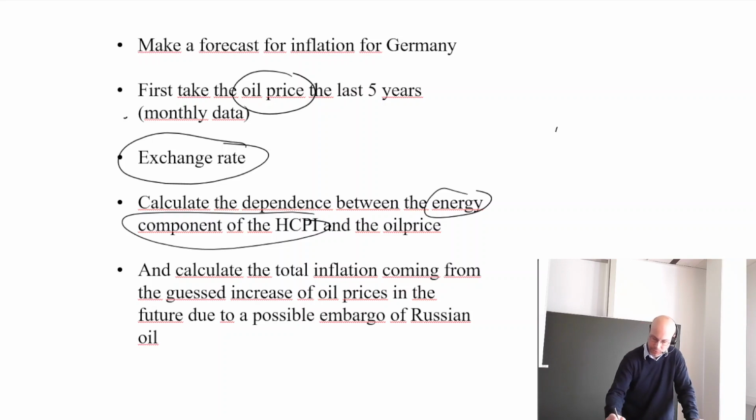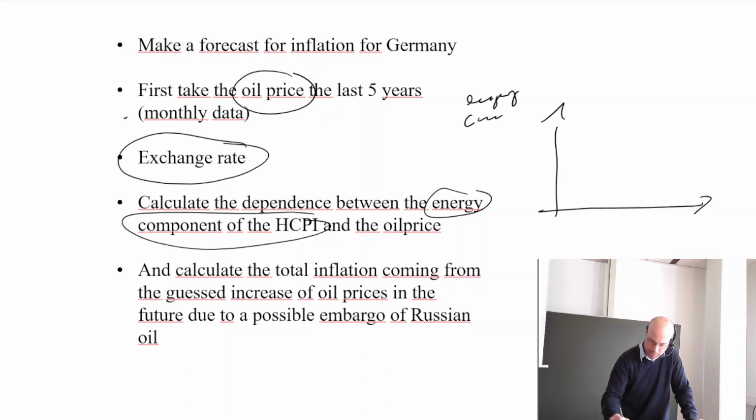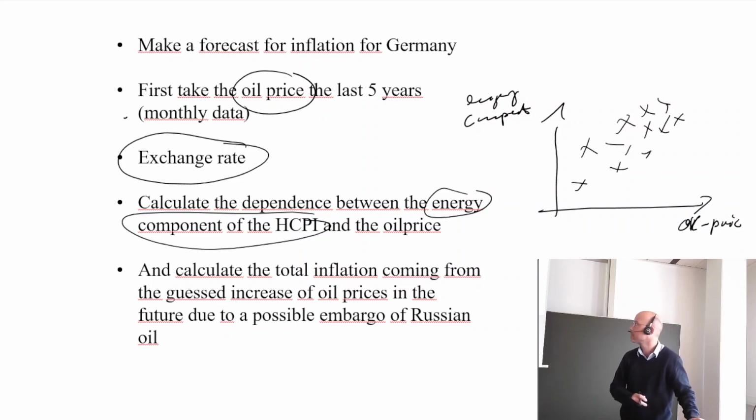So what we want to do is energy component and oil price in history. There we have hopefully some positive correlation, but I can promise this will be a positive correlation.